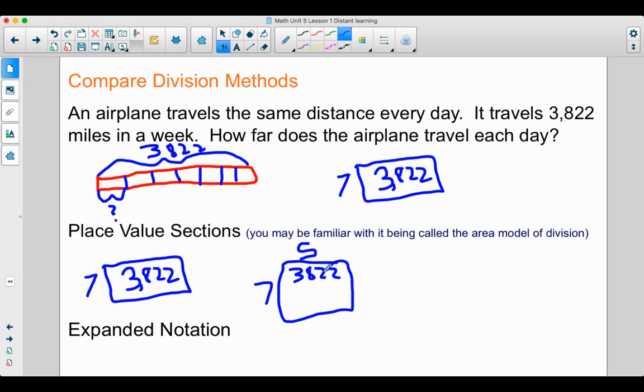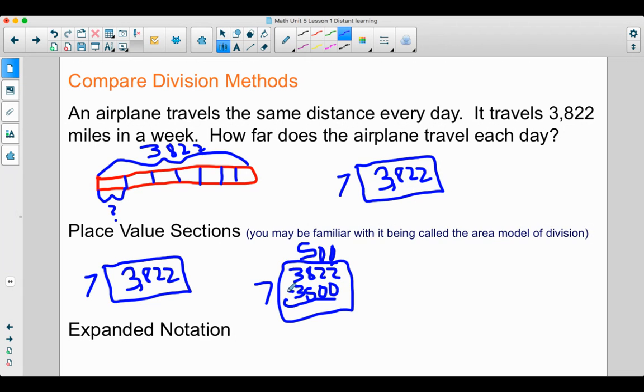So 3,800 would be 500 groups. And 5 multiplied by 7 is 35. So 500 multiplied by 7 is 3,500. And I don't have much room left because it's really hard to draw this way.